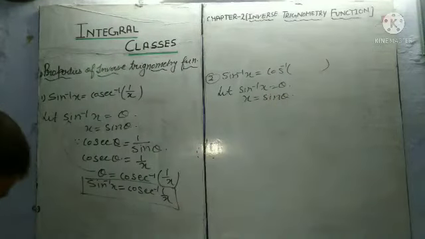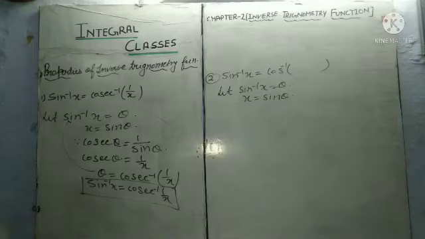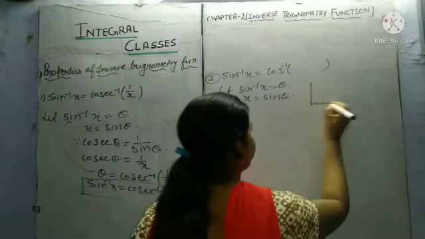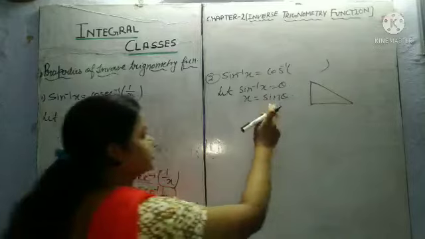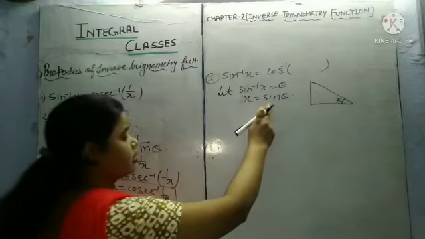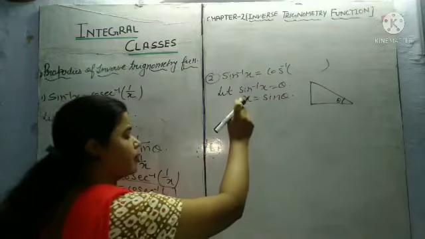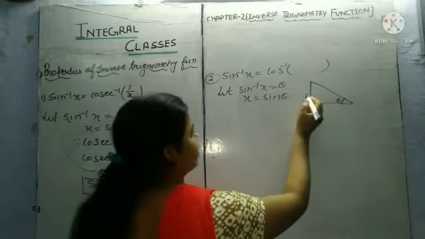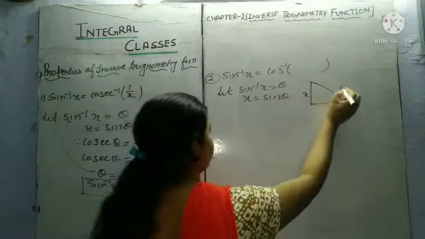Now we will use a right angle triangle. If this angle is theta, then sin theta is equal to perpendicular upon hypotenuse. So perpendicular is x, and hypotenuse is 1.